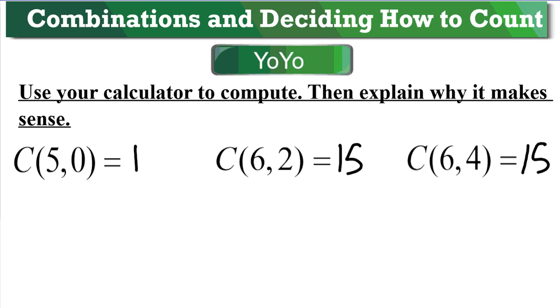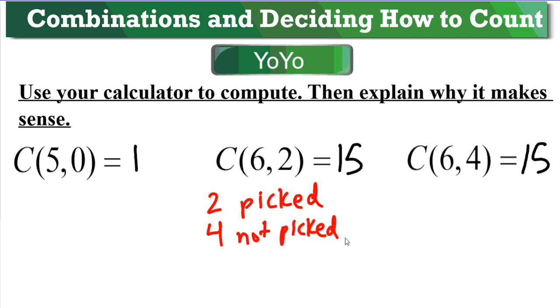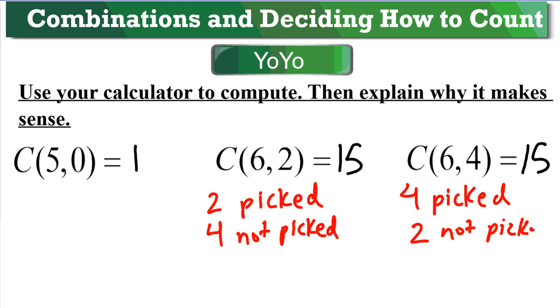Because think about this. If I say that there are 6 applicants for a job, how many ways can I pick 2 of them? There's 15, because if I pick 2, how many did not get picked? That means 2 got picked and 4 not picked. That's the same as if the scenario I were picking 4 and not picking 2, because the universe mathematically has no difference between picked and not picked, because there's no universal good and bad.